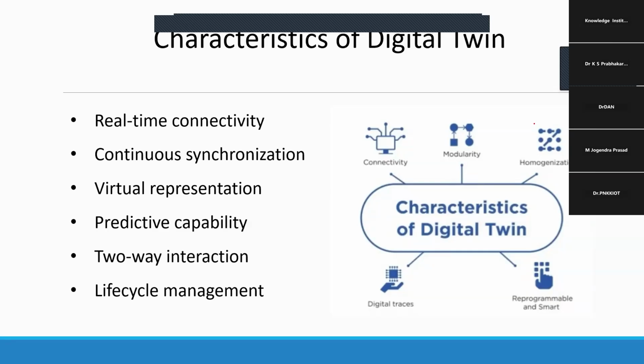Fifth is two-way interaction. It means not only does the physical system send data to the digital twin, but the digital twin can also send optimized control commands back to the physical system, based on the corrections. That is also one of the main characteristics.